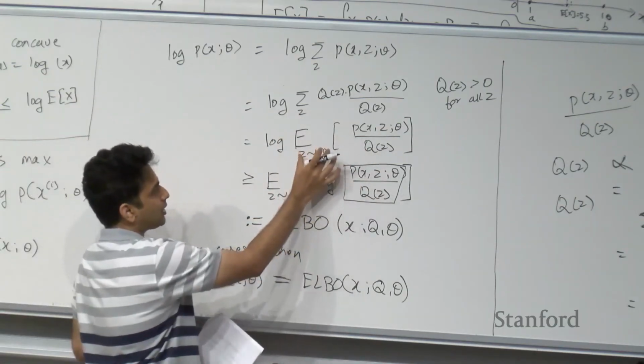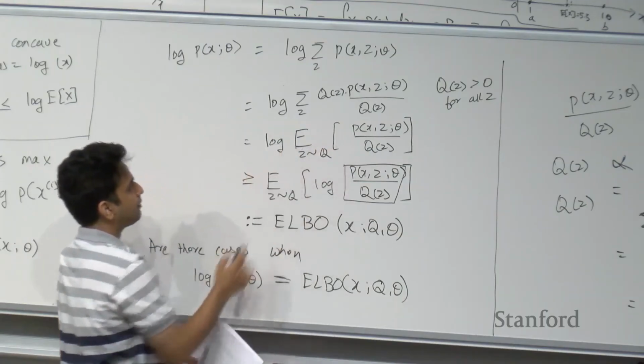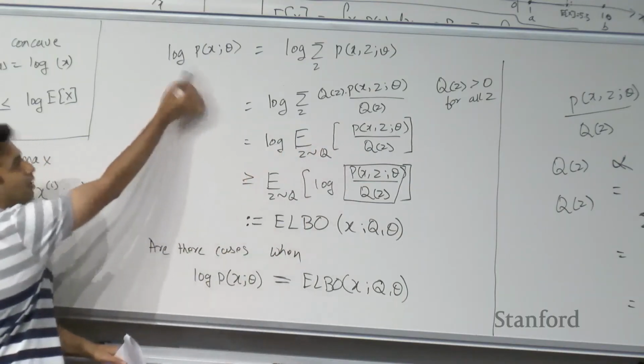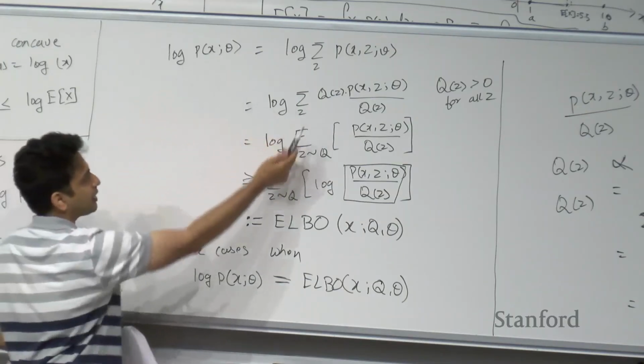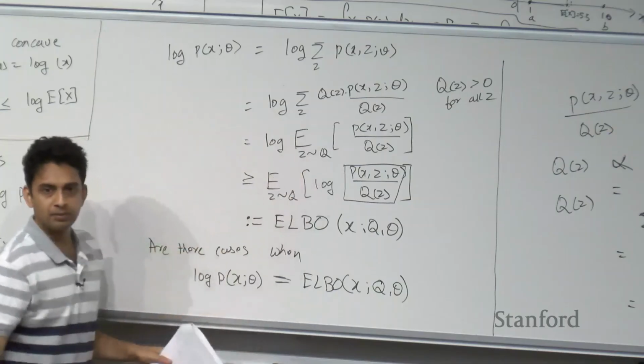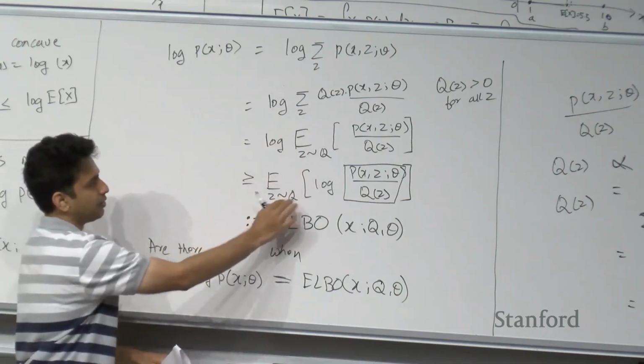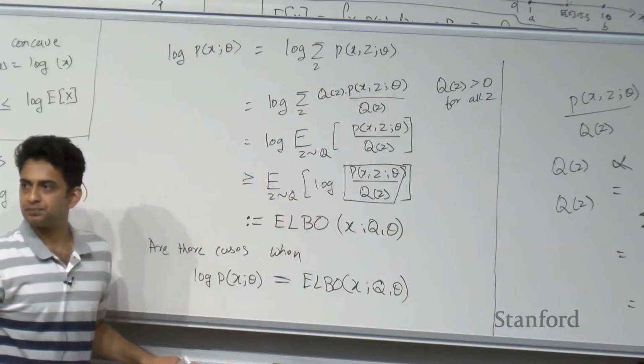Once we wrote it as an expectation, we had log and the expectation. Initially we started with the log likelihood, and therefore we use the concave version of Jensen's inequality. So this log and this expectation are swapped, and we get greater than or equal to the expectation of log.